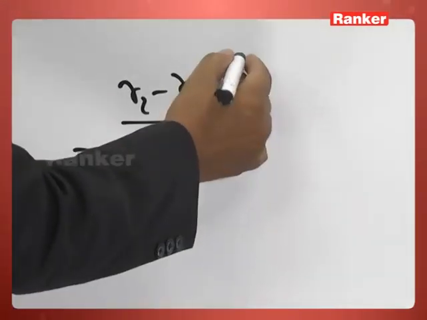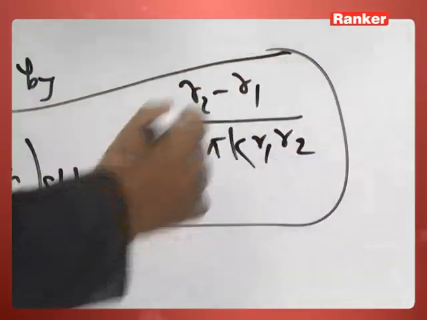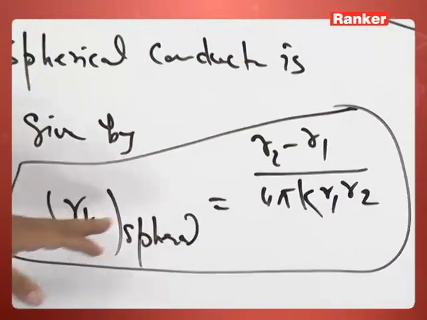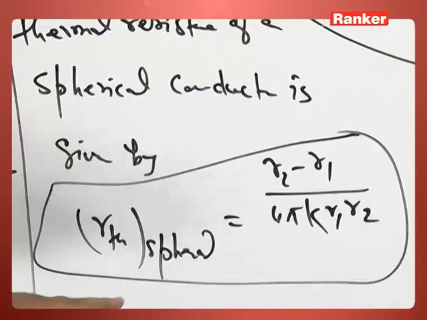So, this is the formula that we can directly use for the thermal resistance of a spherical conductor.